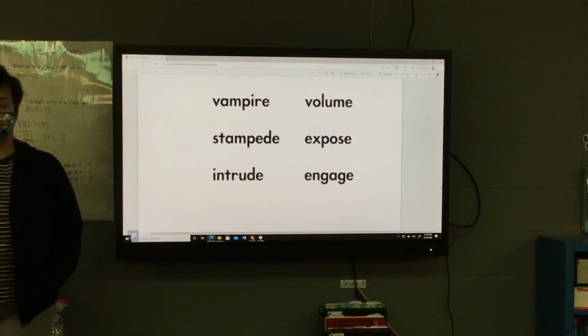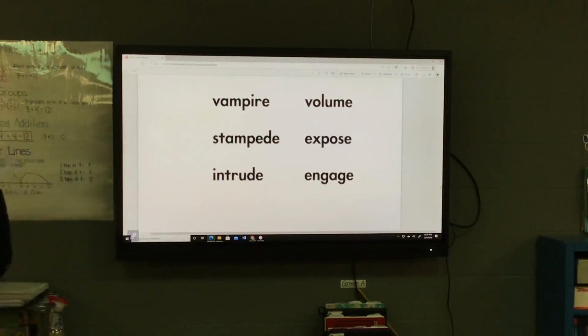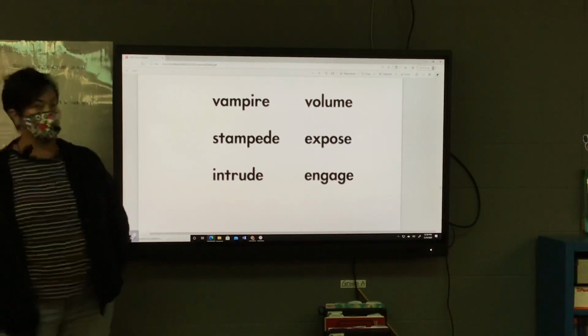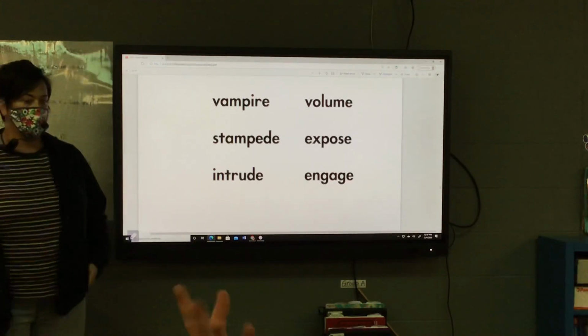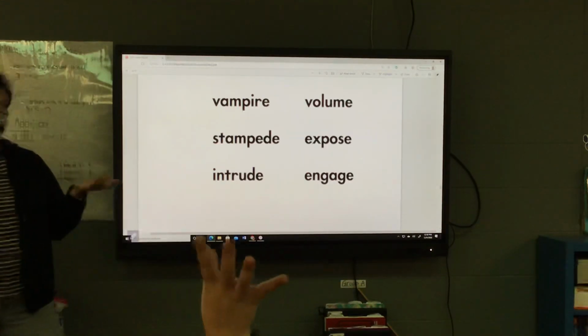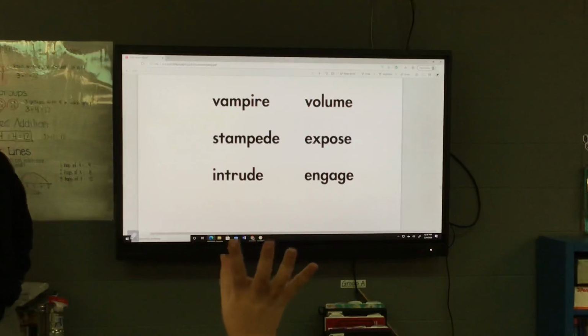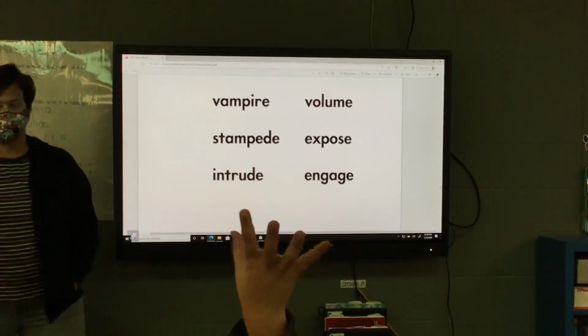Do you think you can figure out what they all have in common with each other? Raylin? They all have E at the end. But what's something we've been talking about since pretty much the beginning of the school year? Connor?